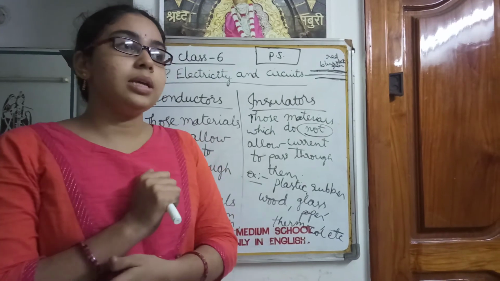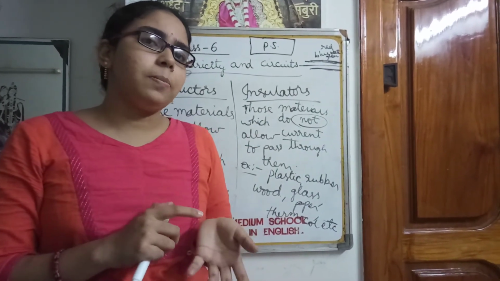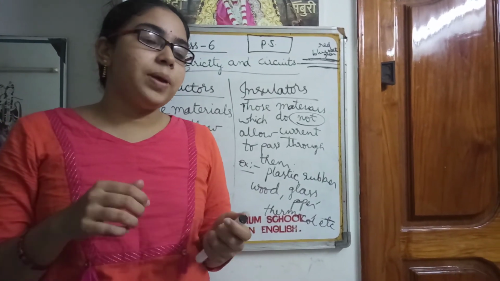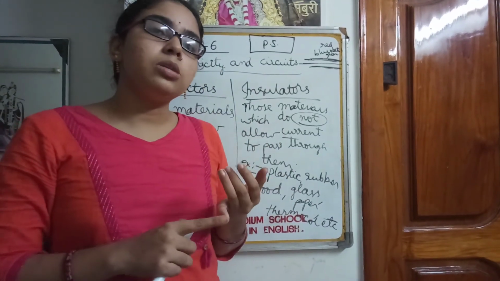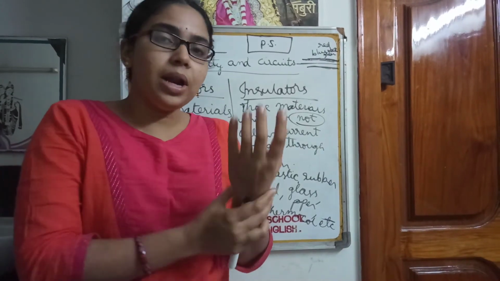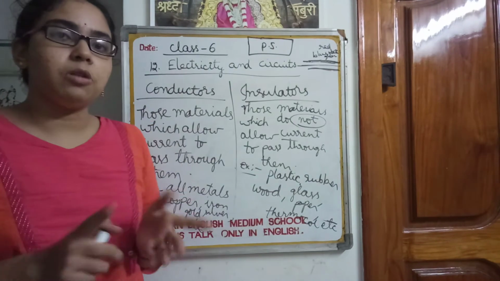And one more thing is, if at all in your house any electrical repairs are there, at that time the electrician, while he is repairing, wears rubber slippers, isn't it? And he also prefers rubber gloves and a wooden table. Why these rubber gloves, rubber slippers and wooden table?